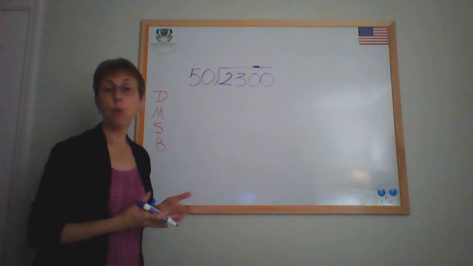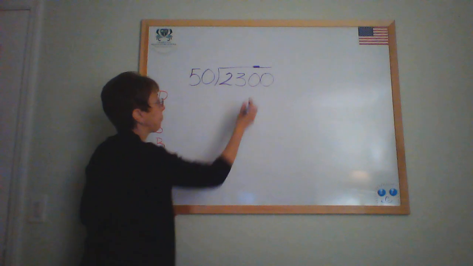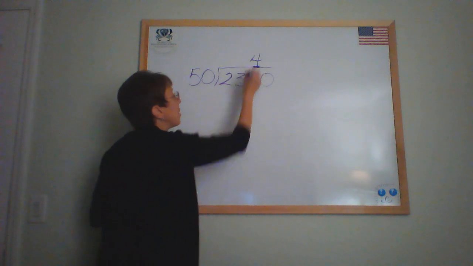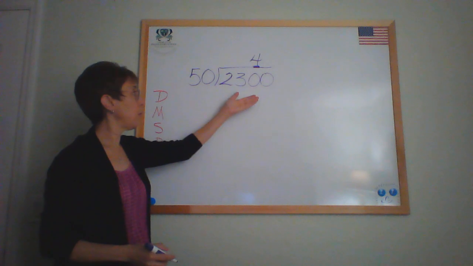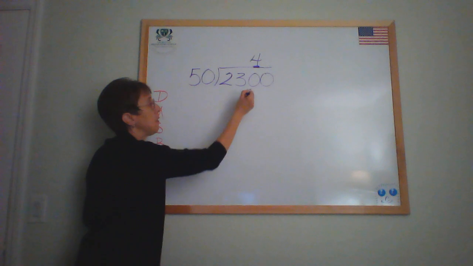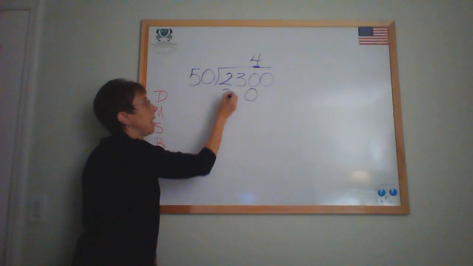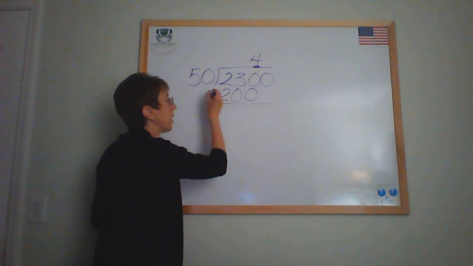We would say 4, because 5 times 4 equals 20. So there's a good possibility that that's going to work out fine for the larger division. Now we have 4 times 0 is 0, and 4 times 5 equals 20. So yes, that does work out.